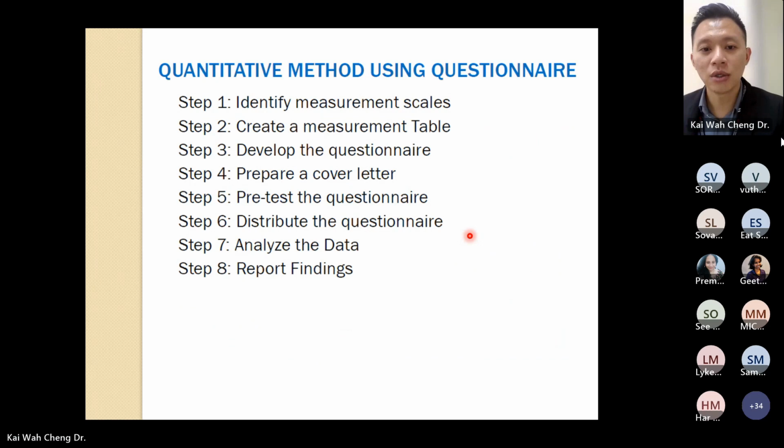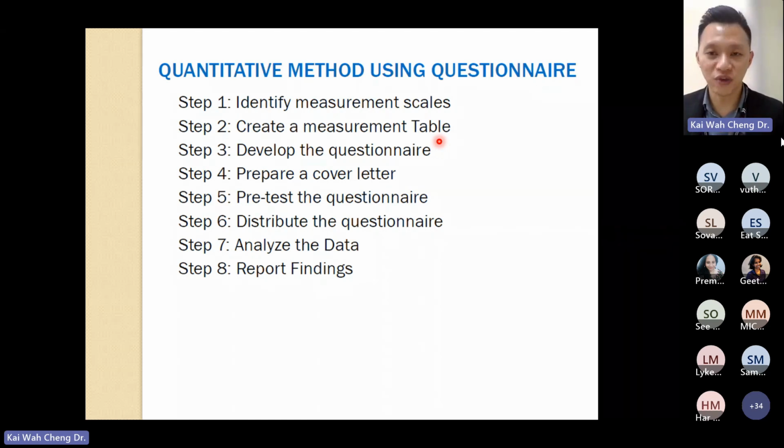So basically these are the steps that you should undergo when you conduct a quantitative research. Starting from step number 1, identify the suitable variable based on your research hypothesis.